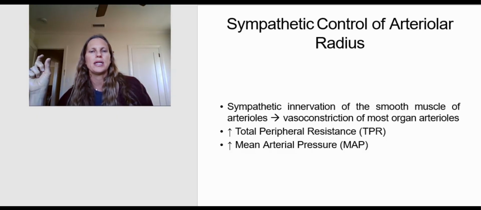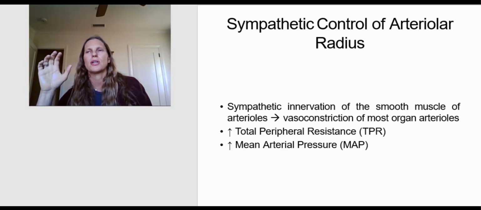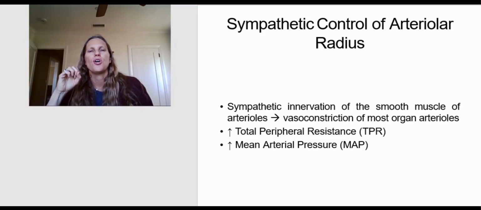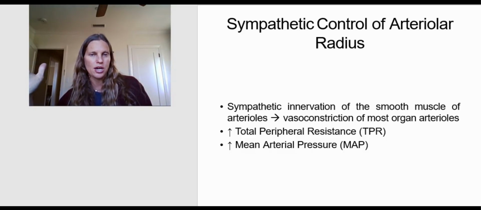So what we know is that we can increase cardiac output, and we can increase total peripheral resistance by the release of norepinephrine at the targets from the sympathetic postganglionic neuron.